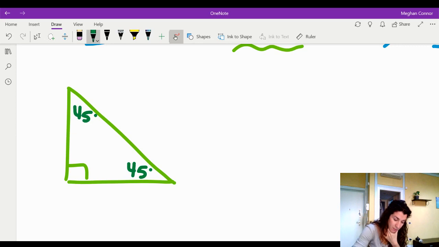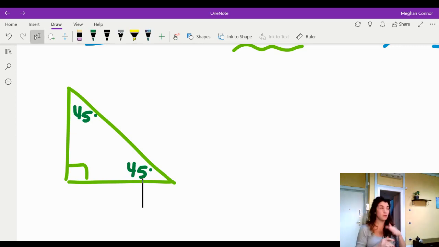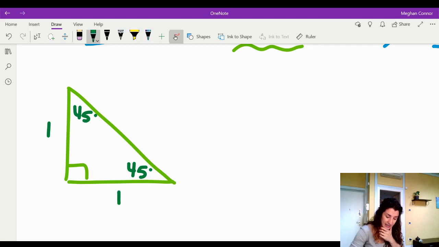So if we're talking about a 45-degree angle in trig at all, we're talking about an isosceles right triangle, right? If we've got 2 base angles that are equal, that means that there are 2 side lengths that are equal. If I label this side length as 1 and this side length as 1, because they're both equal to each other, I can solve for the hypotenuse.